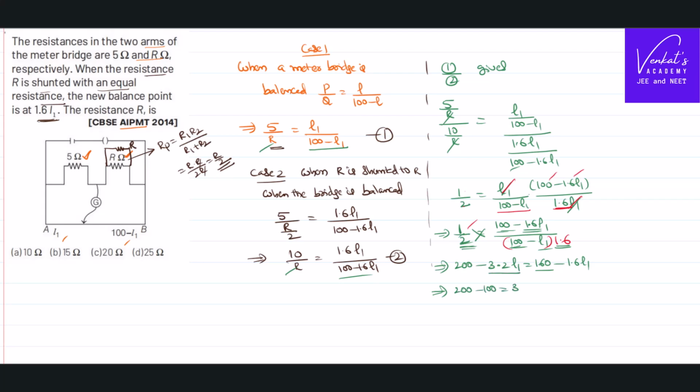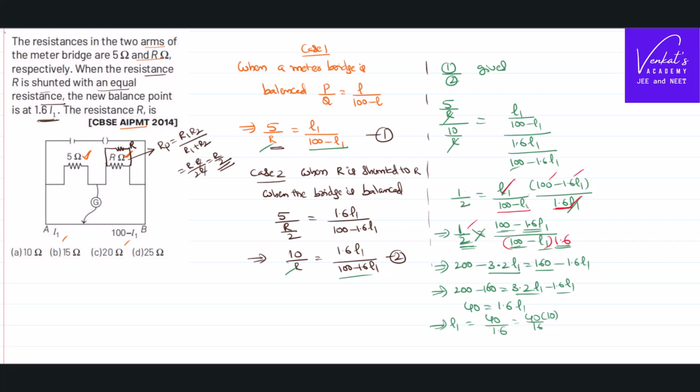Take this 3.2 to the other side, it becomes plus. So 200 minus 160 is 40, and 3.2 minus 1.6 is 1.6 times L1. That implies L1 equals 40 by 1.6, or 40 by 16 by 10.